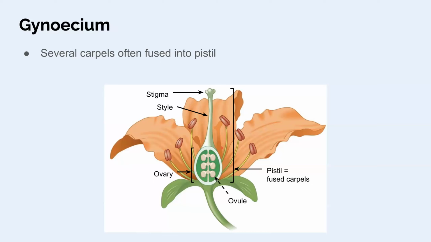So there's this term pistil and also a term carpel, and you might have seen both of those. Sometimes they're used interchangeably. I'd say in a lot of cases they're not defined very well. The way I like to use these terms is that the carpel is the unit that corresponds to a single leaf.